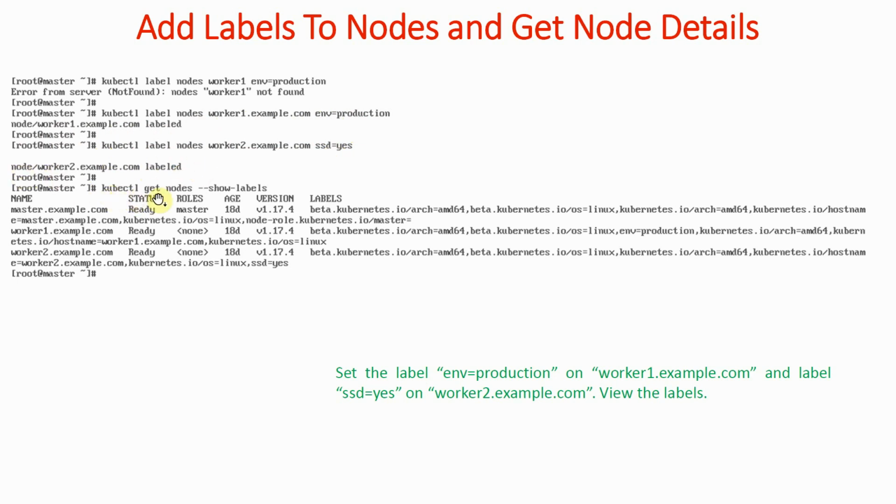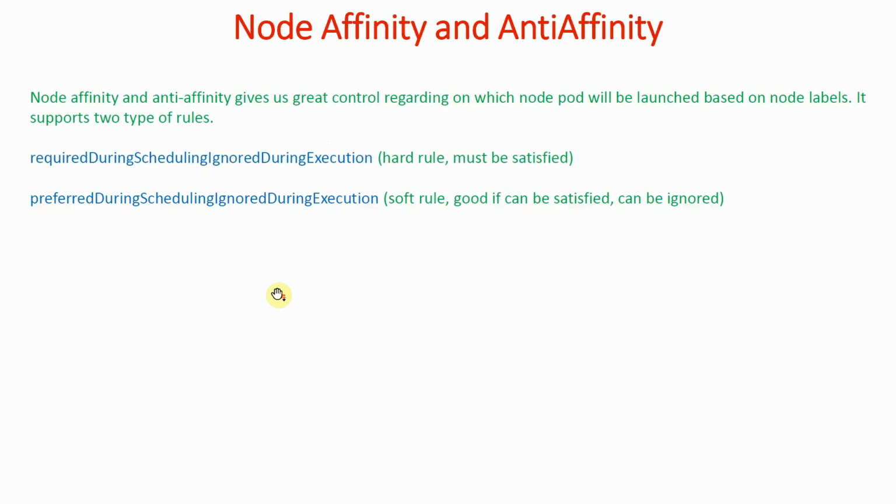Now when we run kubectl get nodes --show-labels, it shows the different labels: on worker1 you will have environment equal to production, and on worker2 you will have ssd equal to yes. So we have set the label environment equal to production on worker1.example.com and ssd yes on worker2.example.com, and with this command we have viewed the labels.